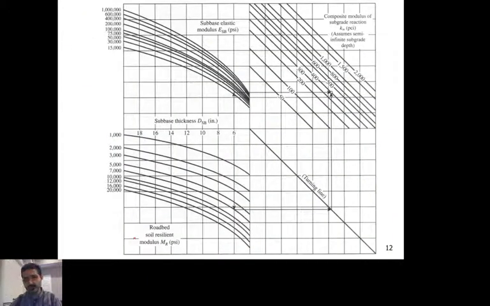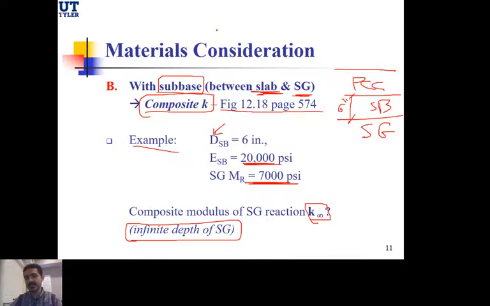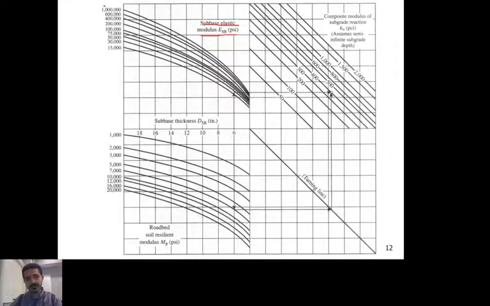On the top part here, we have the subgrade elastic modulus. We're going to pick the subbase elastic modulus, which in this case was 20,000, and since this is 15 and this is 30, it's going to be somewhere in between.